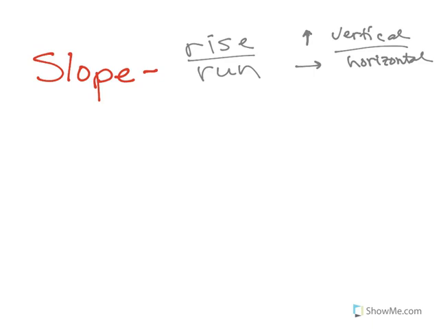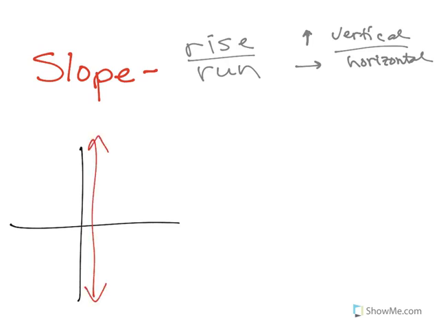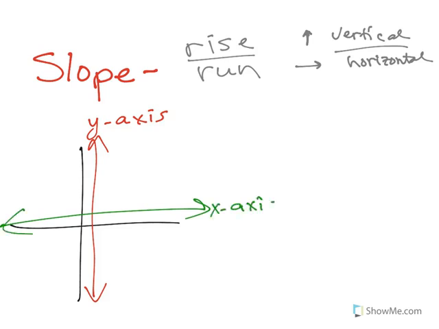Now, going a step further, if we think about our basic coordinate plane and we think vertically, well, vertically is the y-axis, whereas horizontally is the x-axis.